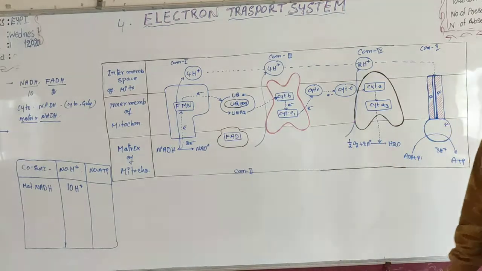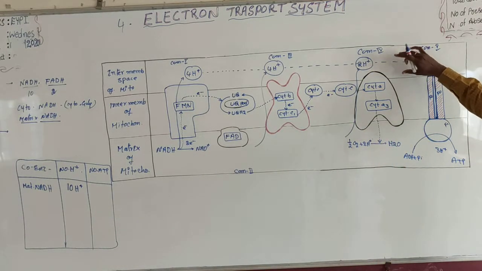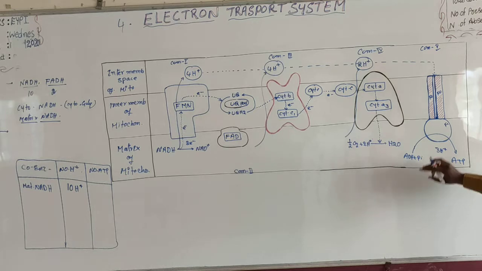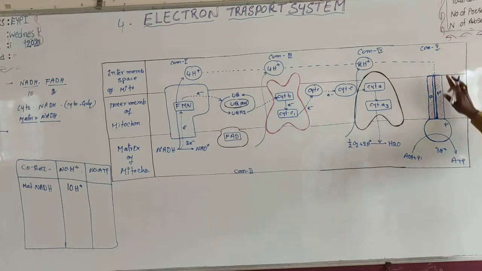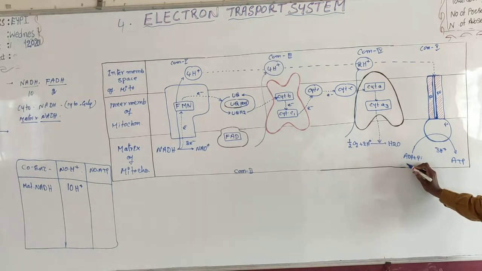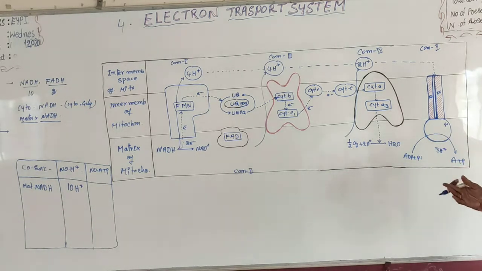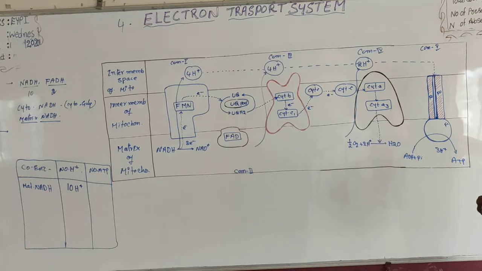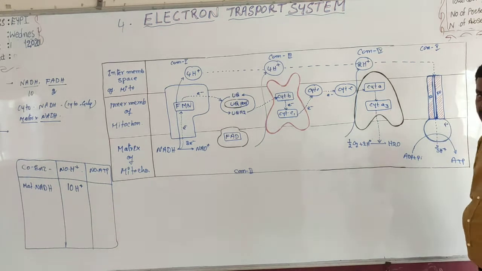So these H plus move into the matrix through ATPase. This is ATPase. The movement of every 3 H plus ions through this ATPase adds one inorganic phosphate to adenosine diphosphate and it is converted into one molecule of ATP. Every 3 H plus ions movement gives one molecule of ATP.